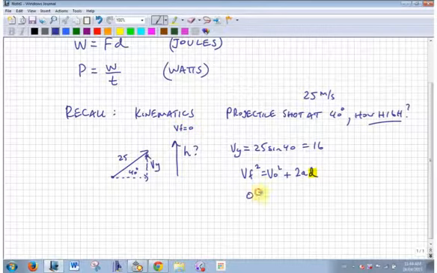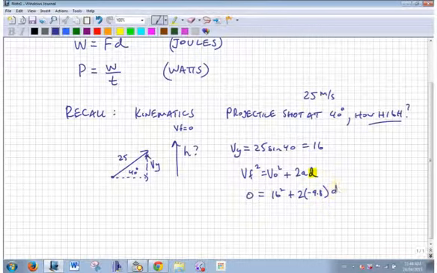So I have 0 is 16 squared and 2 acceleration in the other direction times D. If I solve that for D, this comes over to that side, so the negatives cancel out, if you will. And I get 13 meters.